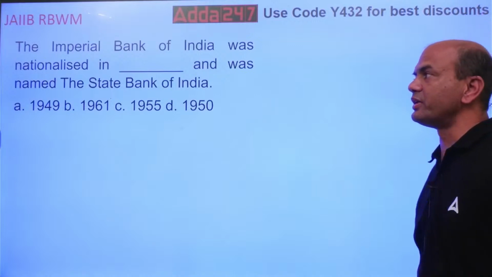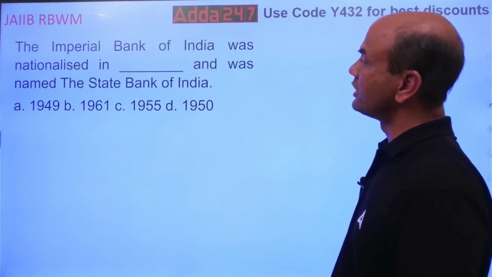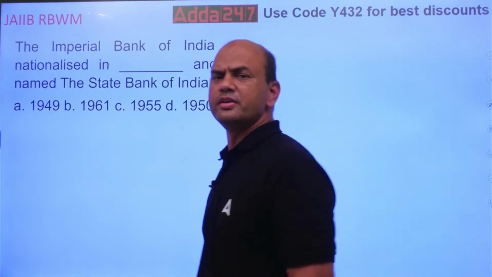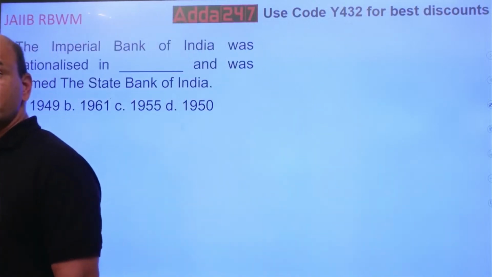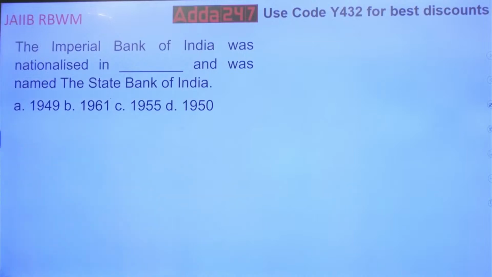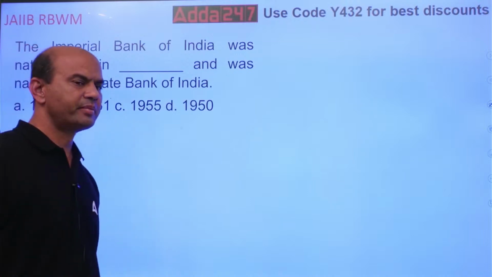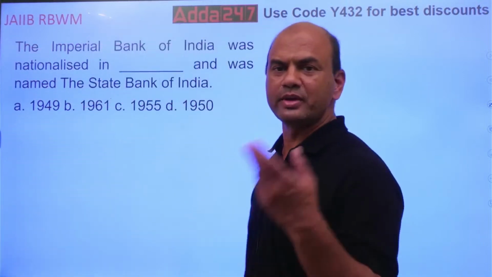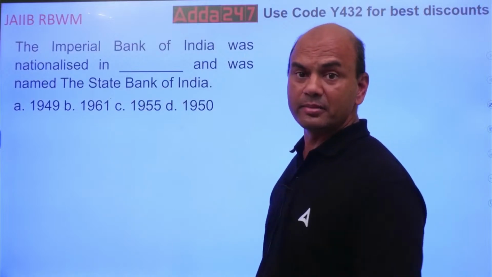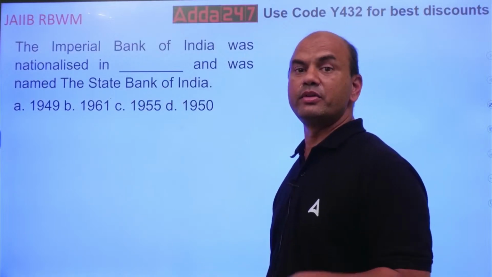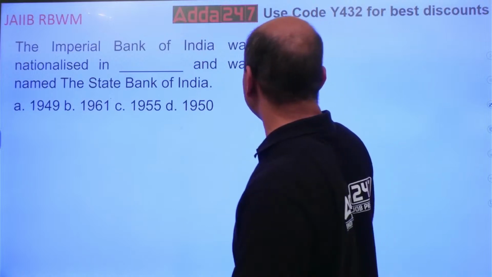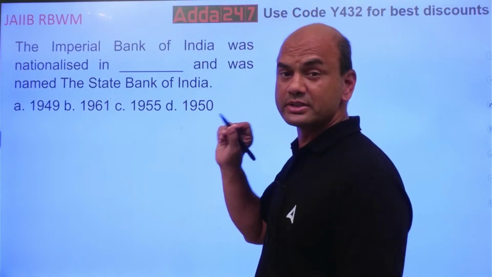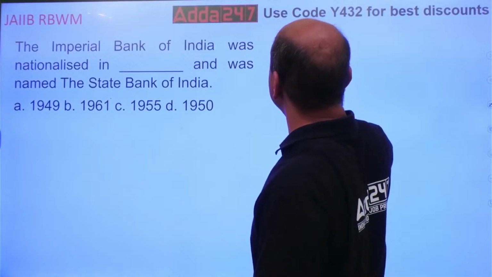The Imperial Bank of India was nationalized and named as SBI, State Bank of India. How many of you are from SBI? You must at least know this. Let's go back to the history. Imperial Bank was formed, I think, in 1917.